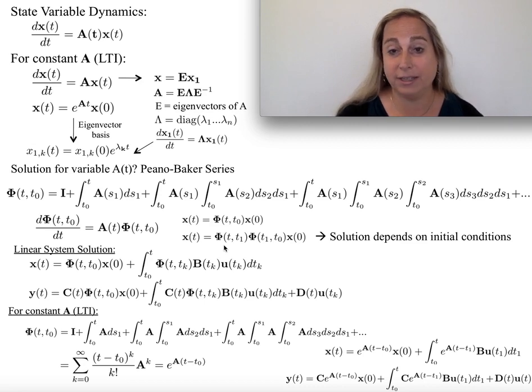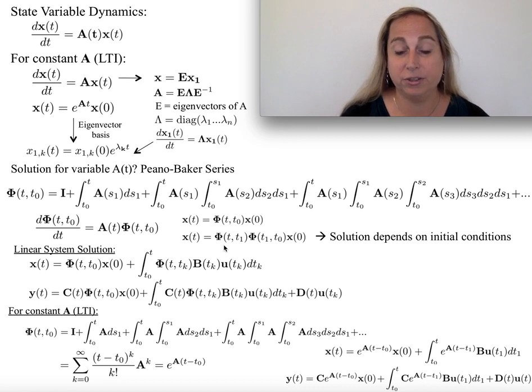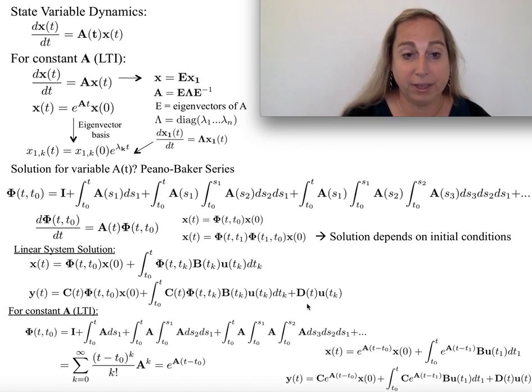This is not surprising because usually you would expect a differential equation to depend primarily on the initial condition. So it's nice that this multiplication property holds. So things basically start on their initial condition. If I have this as my formulation, I can talk about the solution for a typical linear system, where I bring in the inputs, which is usually going to be a U vector, that has some matrix in terms of how it gets modified or how it gets set up, and then also the C and D matrices in terms of how I create the output.